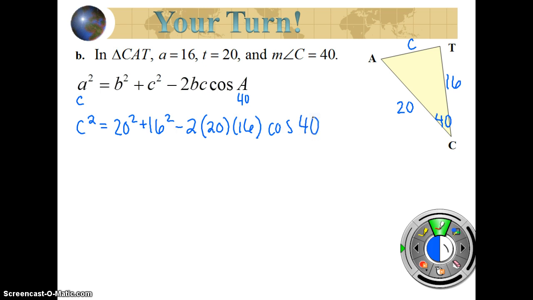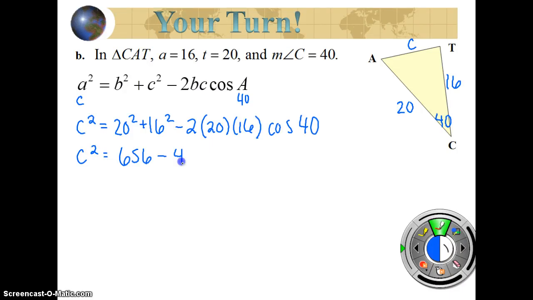Now we just need to start simplifying. I'm going to do 20 squared plus 16 squared, and I get 656. So C squared is equal to 656 minus 2 times 20 times 16 times the cosine of 40. We can actually do all of that in one step.